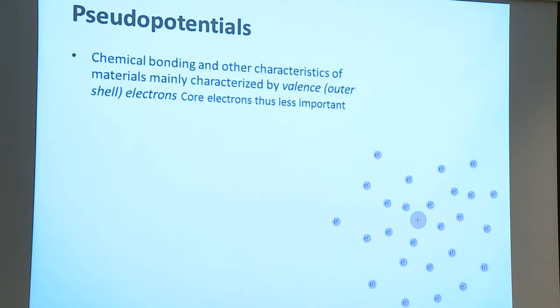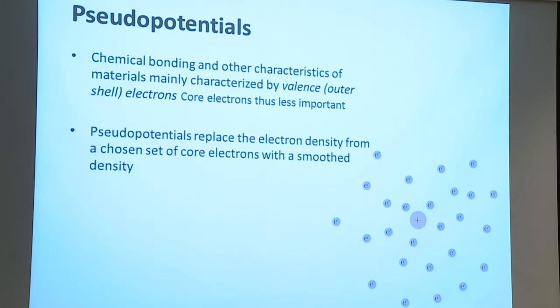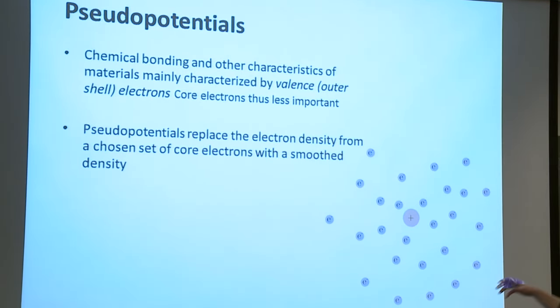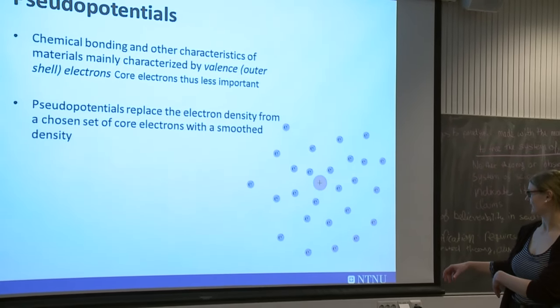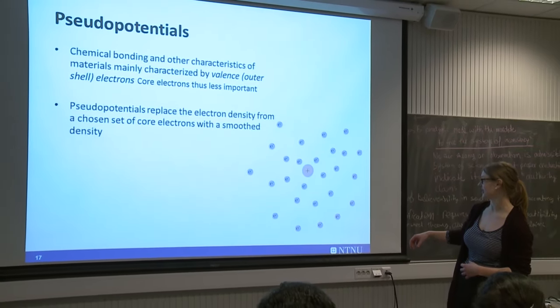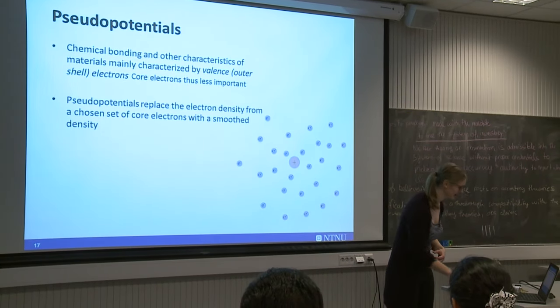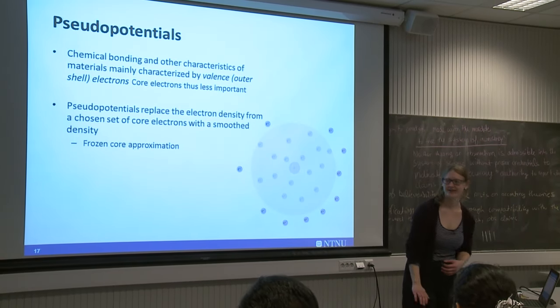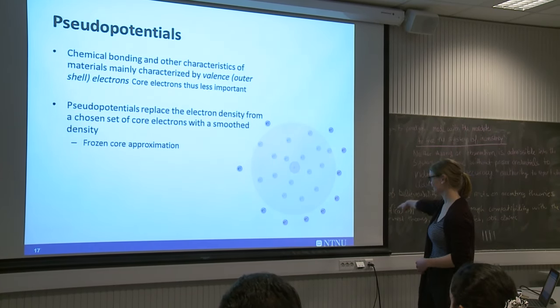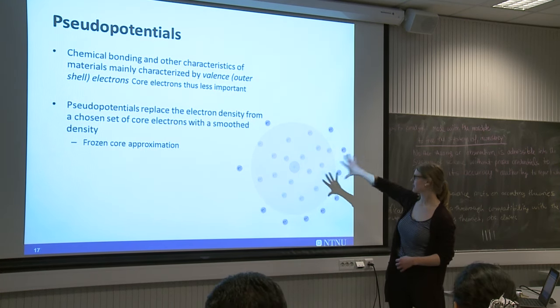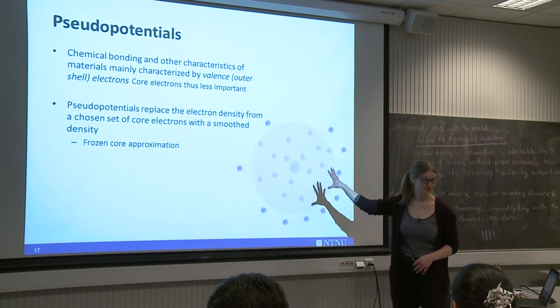So let's make life a bit easier for ourselves. When we minimize our electron energy, let's not consider them all. Let's only consider the outer electrons and just freeze the inner electrons.